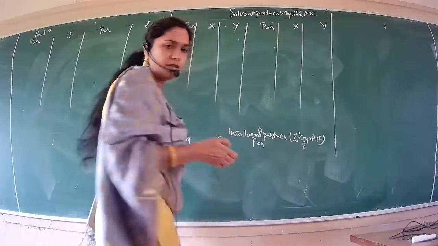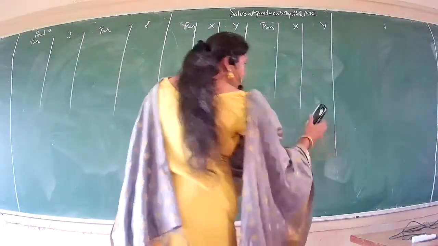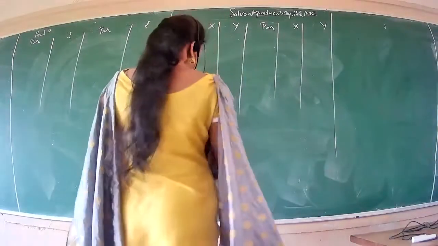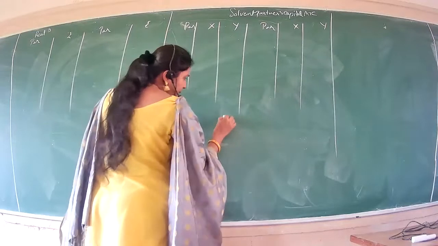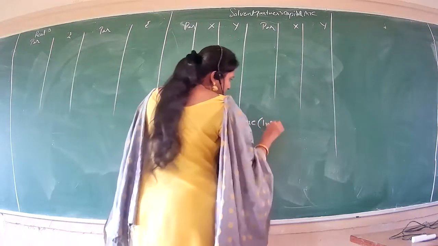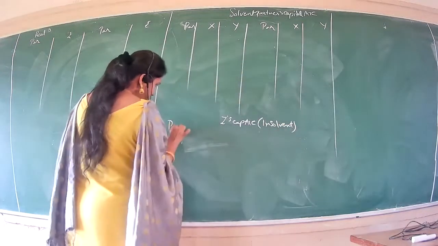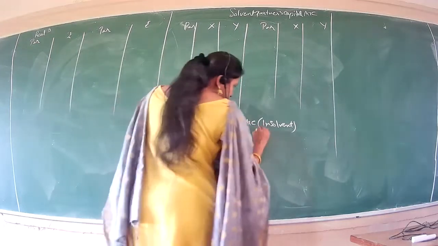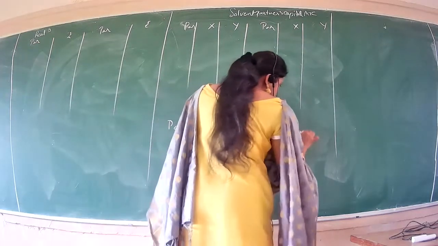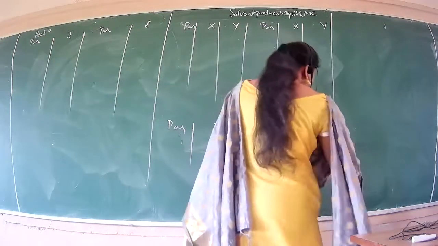Maybe we need to move this up a little, so I'll make here Z's capital account, insolvent partner, particulars, amount, particulars, amount. Fine, that is your second.